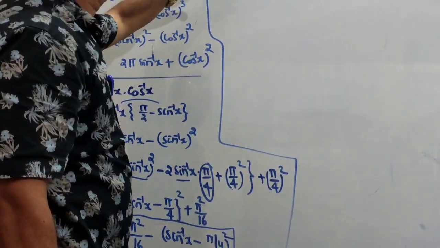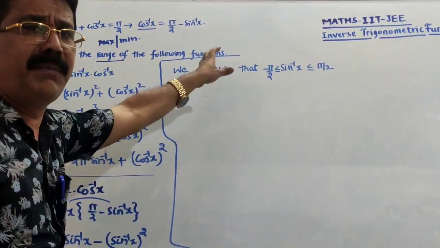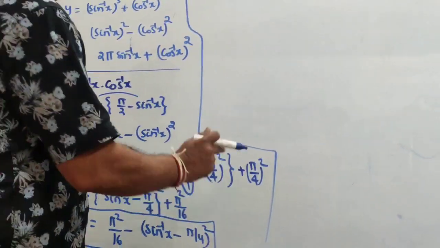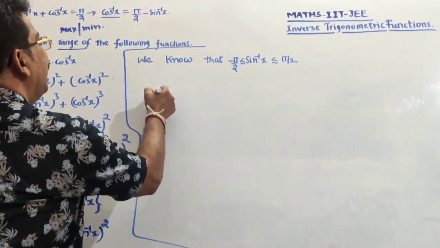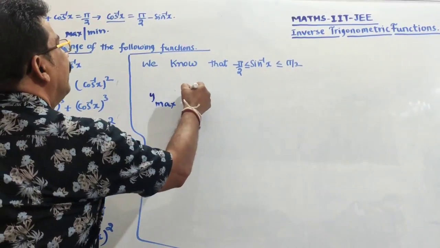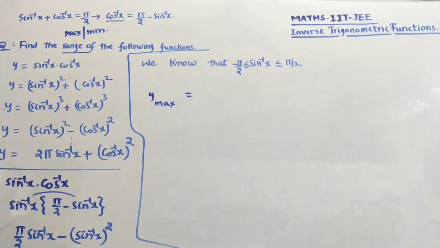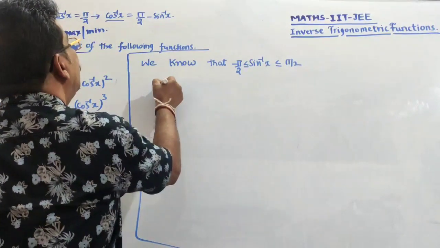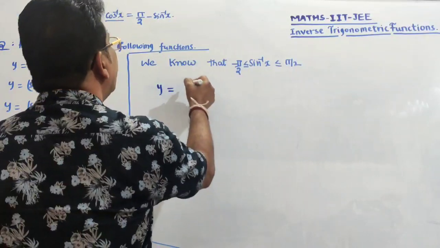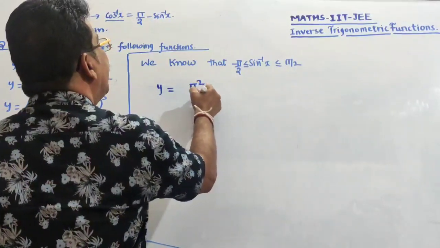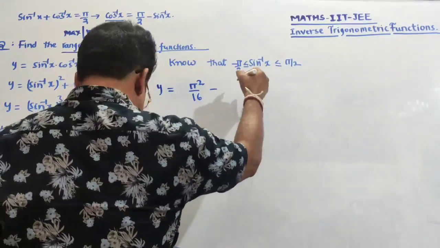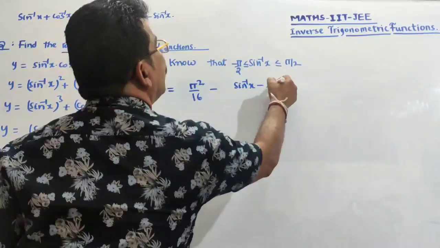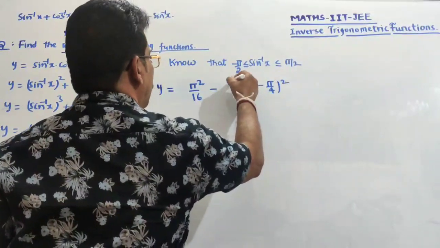So for finding the range or maxima, minima, it is one method, but another special method is there. What is that? We are finding y maximum value. Y is equal to pi square by 16 minus (sin inverse x minus pi by 4) whole square.